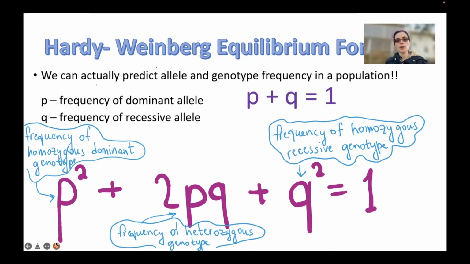Hardy-Weinberg equilibrium makes a few very important assumptions, because the model assumes that allele frequencies do not change from one generation to another. The problem is that we live in a world that has constant changes happening, and allele frequencies actually do change, but they change because of certain factors that we are aware of.